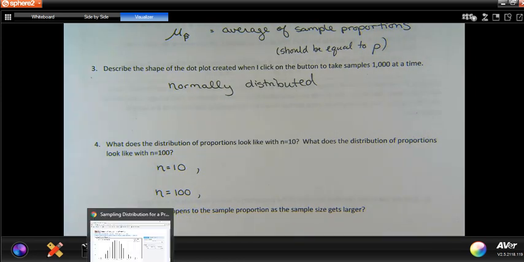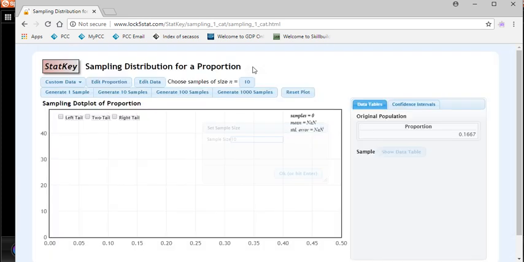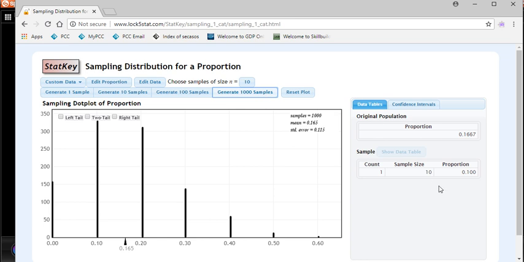So if I change my sample size to 10, which is the idea of just rolling the die 10 times and having that 1/6 chance of seeing a 1 coming up, I'm just going to generate a bunch of samples. Meaning I'm rolling the die 10 times and counting how many times I see a 1. What we see here is something that's clearly right skewed.